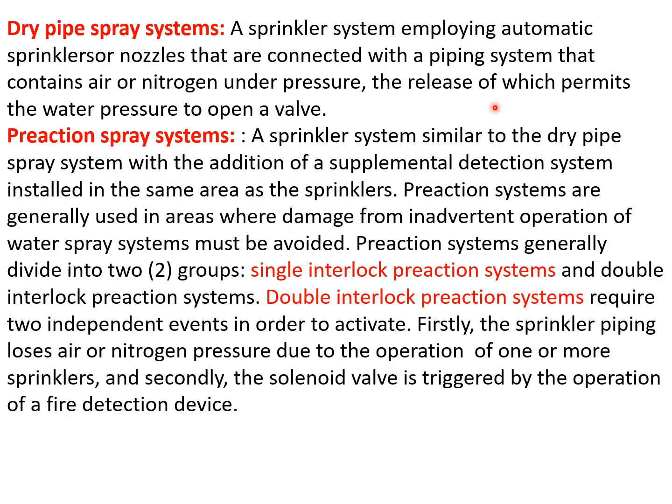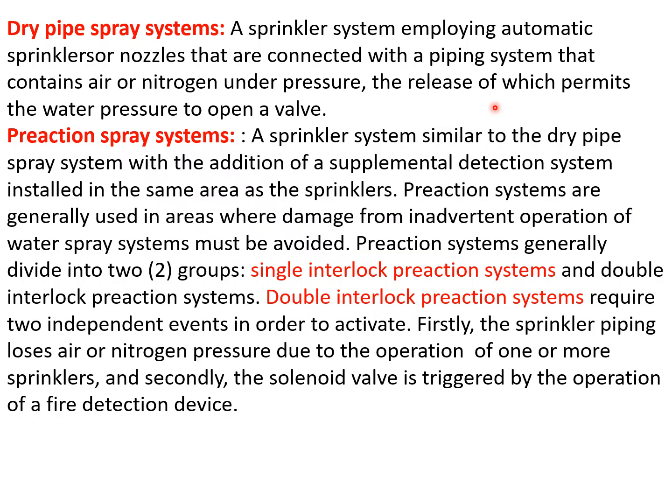Pre-action systems are generally used in areas where damage from inadvertent operation of a water spray system must be avoided. Pre-action systems are generally divided into two groups. One, single interlock pre-action system, and the second, double interlock pre-action system.